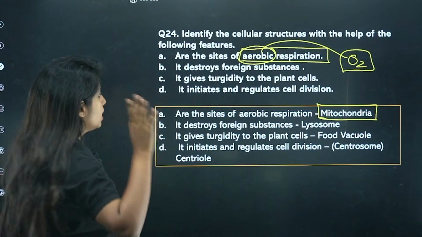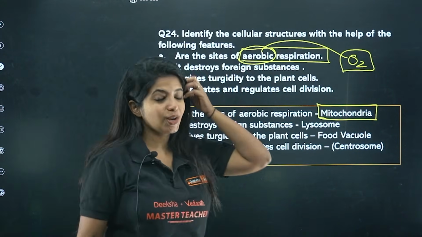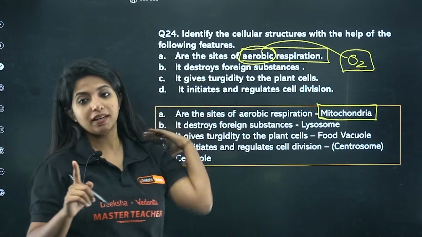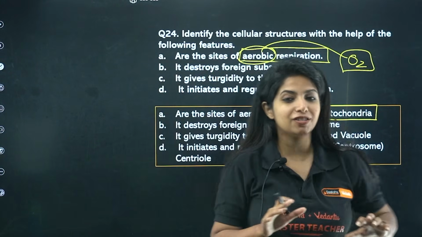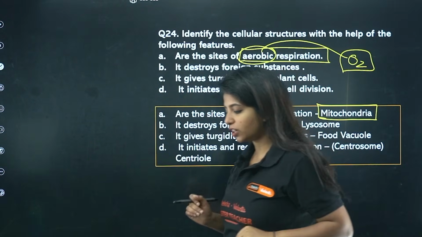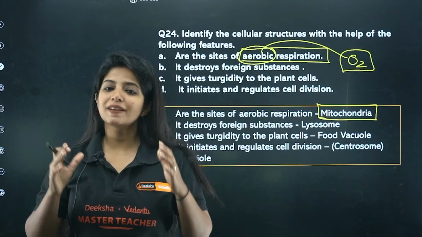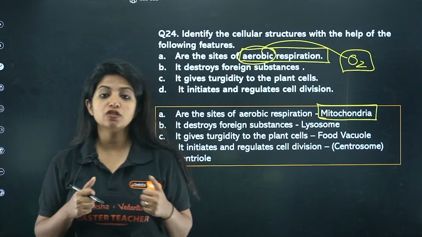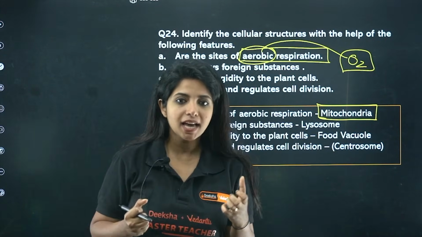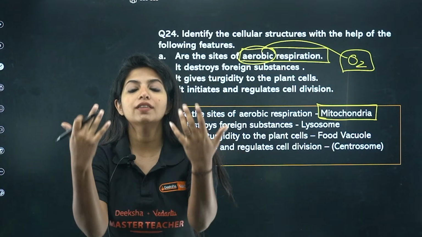Got it? Yes. Now, it destroys foreign substances. So there is only one cell organelle in our body which is responsible for all the destruction. And it's not like it's destructing because it wants to. It's not impulsive. Basically, it's its role. They are known as the suicide bags of the cell. Why? Because they are ready to give their lives for the cell, my dear children.